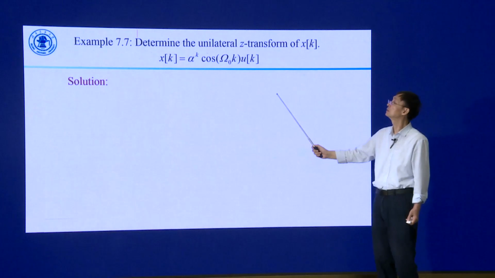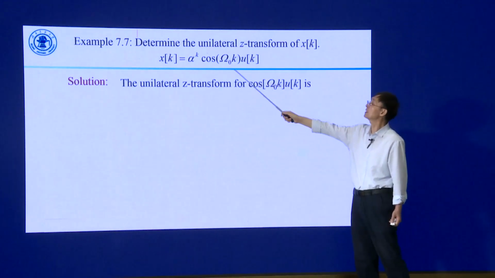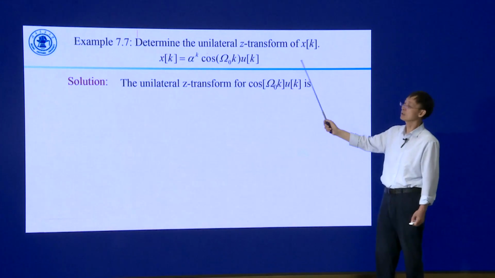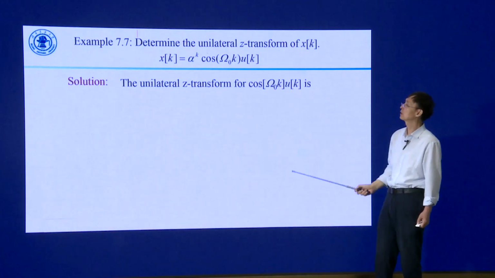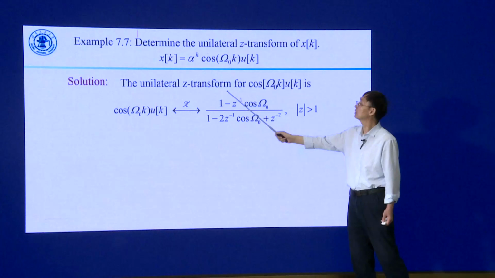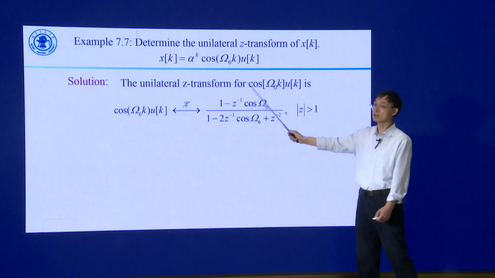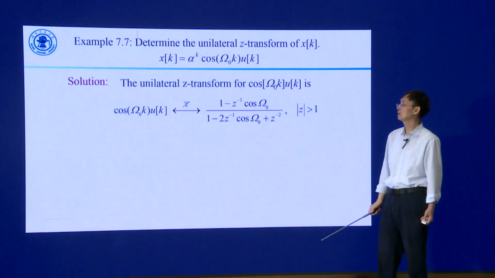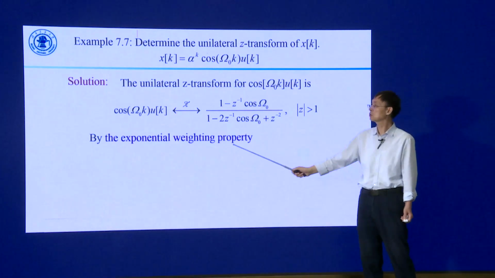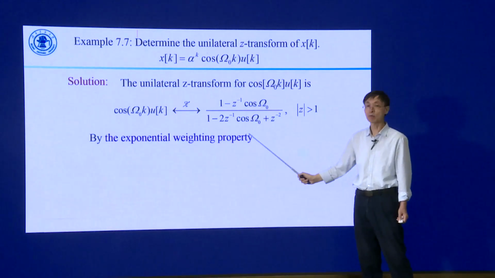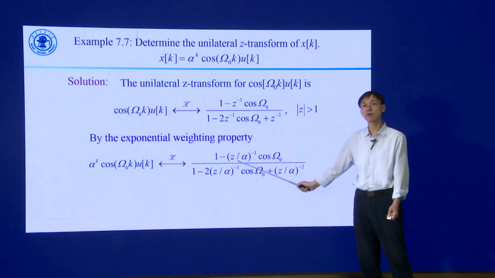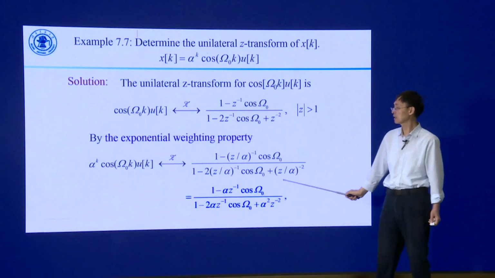For example, for this signal to find the unilateral Z-transform, we have known the unilateral Z-transform for this signal. So, according to the exponential weighting property, we can get the unilateral Z-transform for this signal.